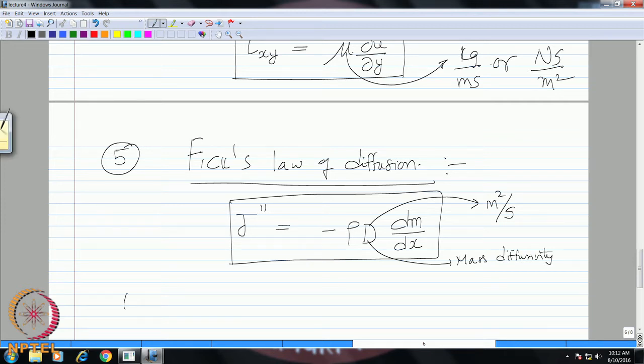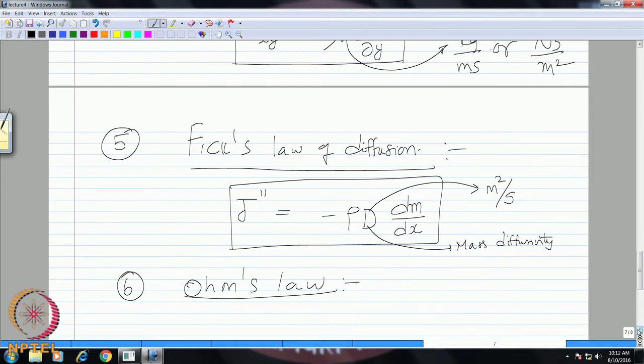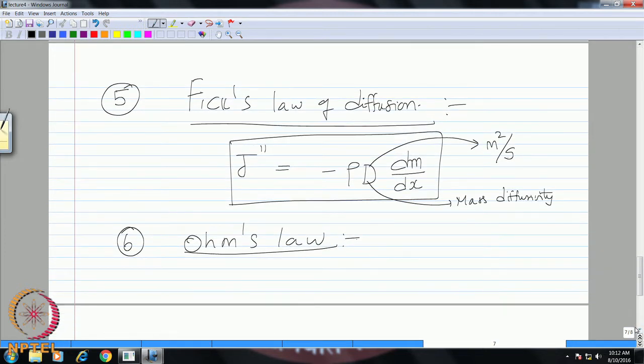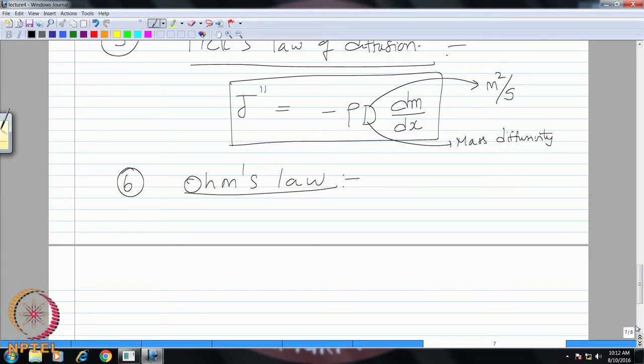We will also take one example in electrical engineering. Okay. So, that is your Ohm's law. So, how do we write Ohm's law? You can draw an analogy from heat transfer and mass transfer and apply the same thing for Ohm's law.